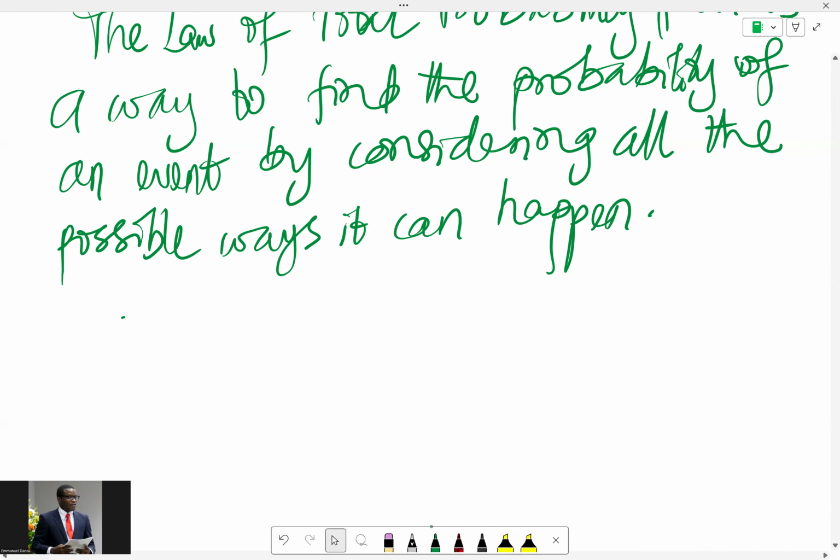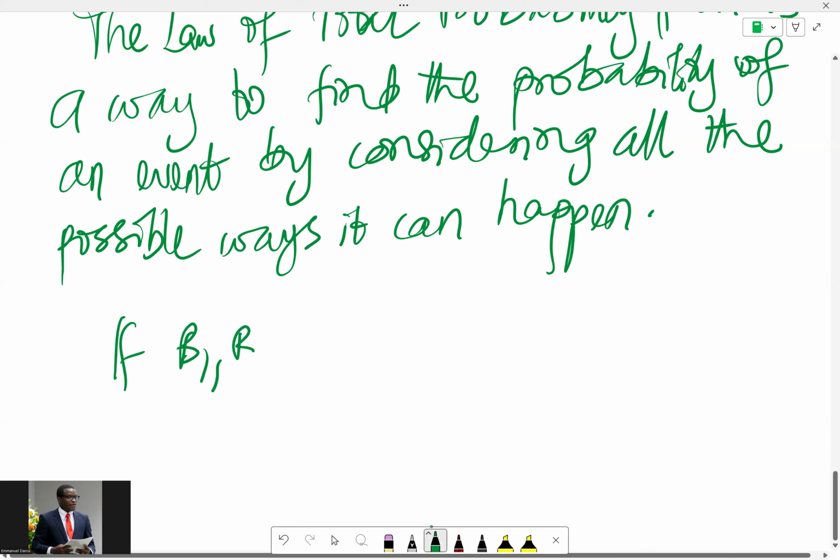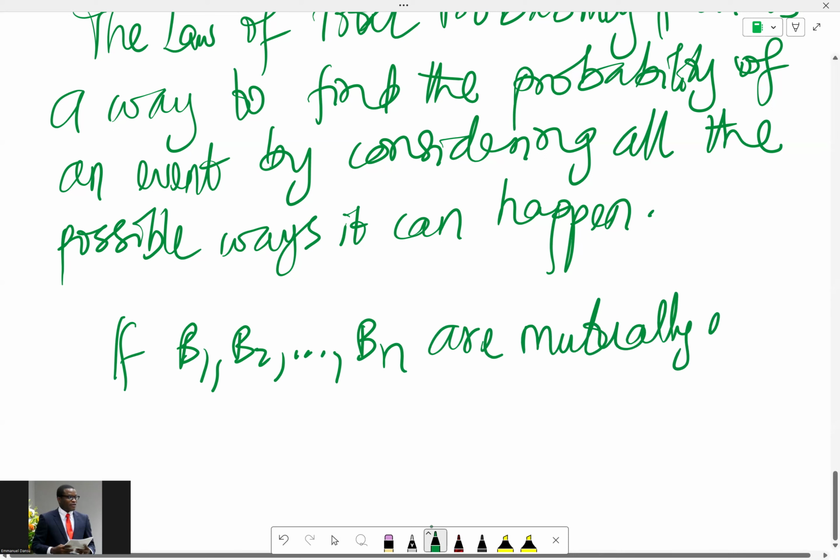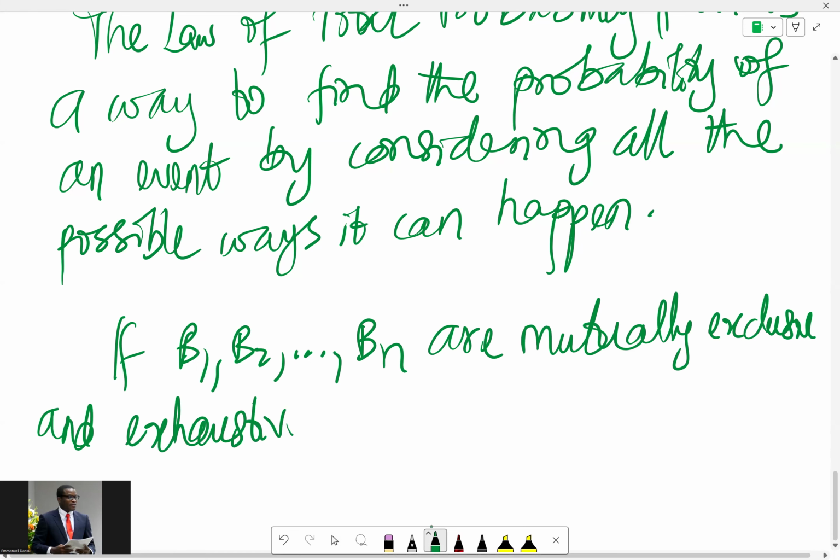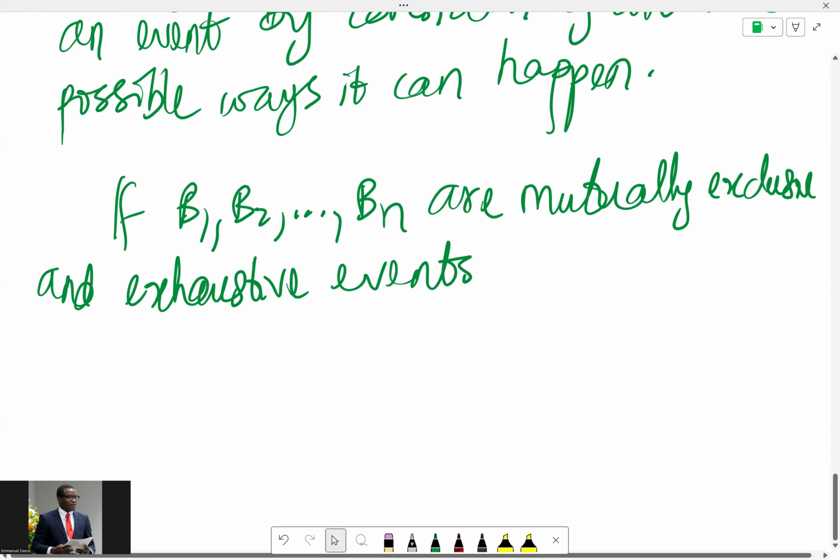So if B1, B2, up to Bn are mutually exclusive and exhaustive events, so that means they are independent of themselves, right? They're mutually exclusive and exhaustive events.